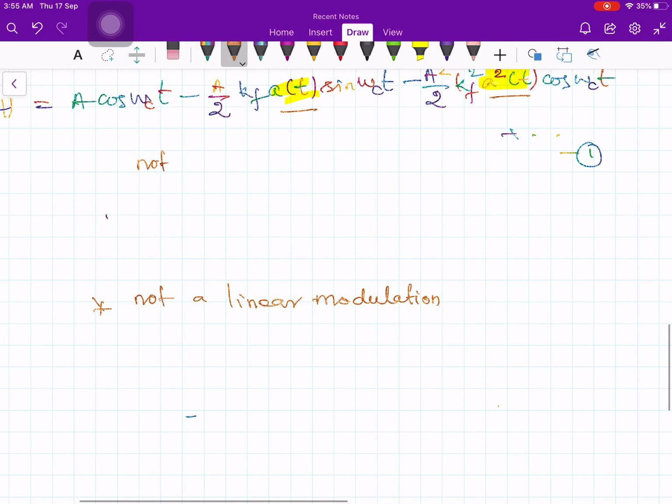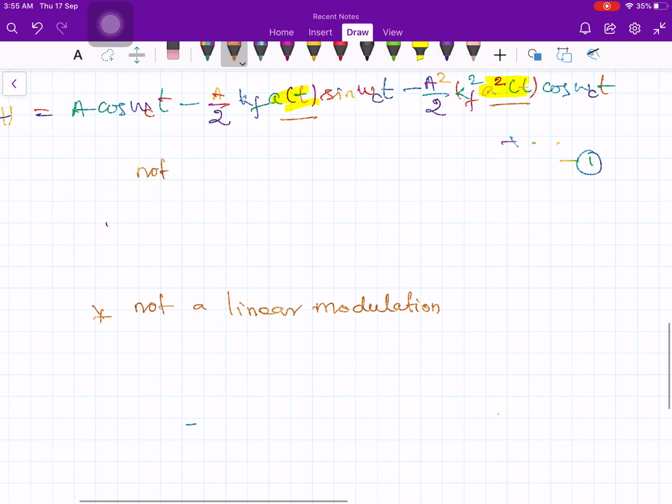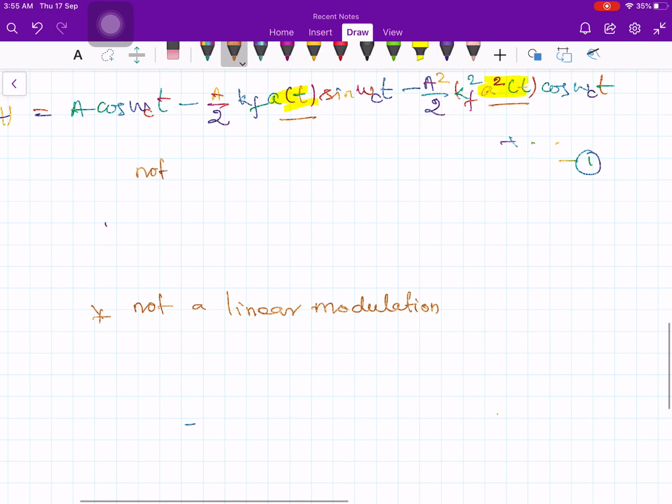So what can you say about the bandwidth of such an FM signal? It has a pure carrier, a of t times a times cos omega ct carrier. Okay, and there is a component due to the modulation, like a double sideband suppressed carrier, a of t times sin omega ct.